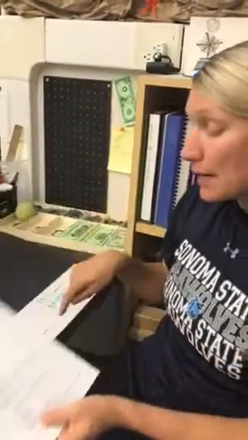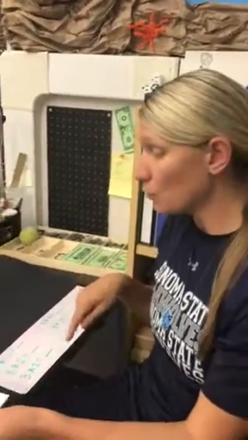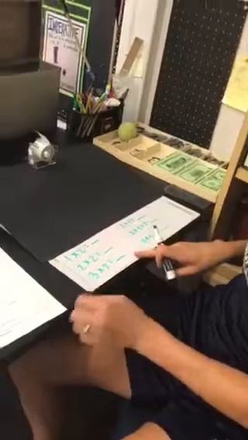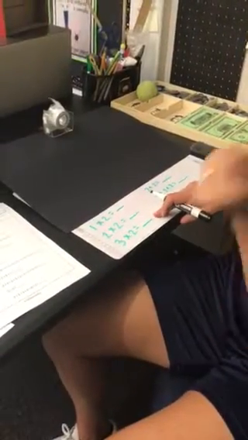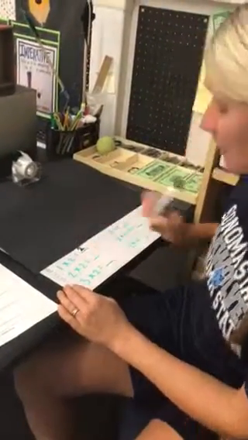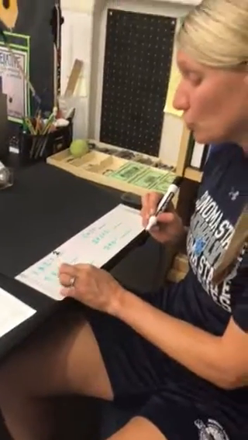For this worksheet, again, the directions are here, but I'm going to show you how to do this on my whiteboard. So here I have 3 multiplication problems written out, very similar to what is on your sheet. I'm going to skip count and think in my head, one group of 2 is 2, and I'm going to write that answer in the space provided. Then here I'm going to say 2 groups of 2.